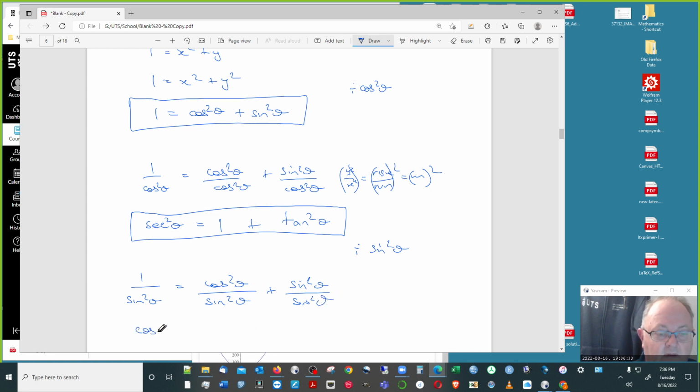So that's cosec squared. Now that's not y over x, it's x over y. So what's the upside down of tan? Cotangent. And sine is 1. So there we've got another set.